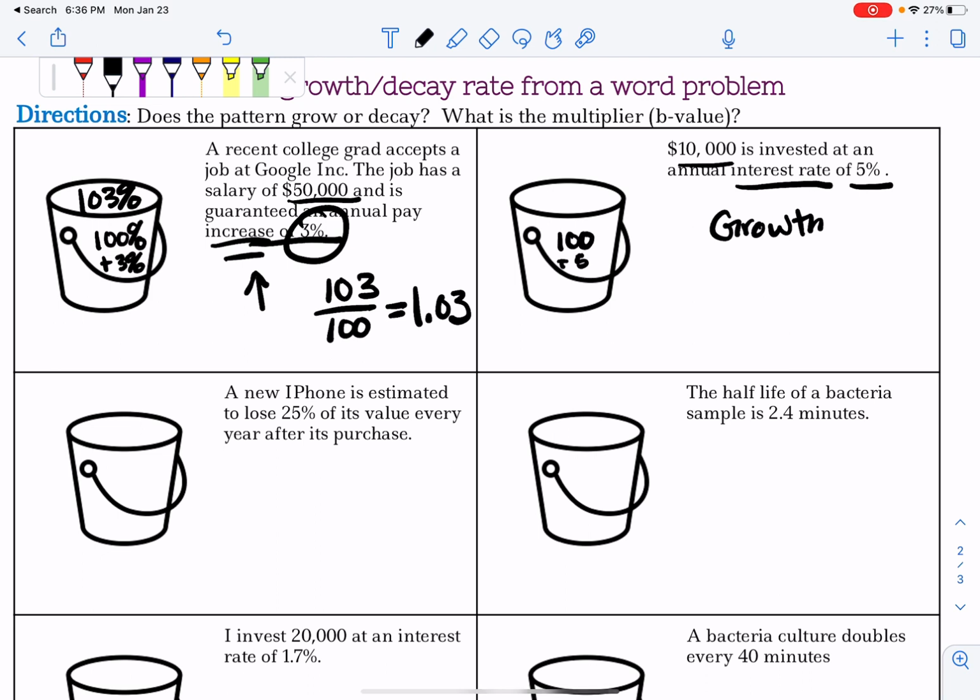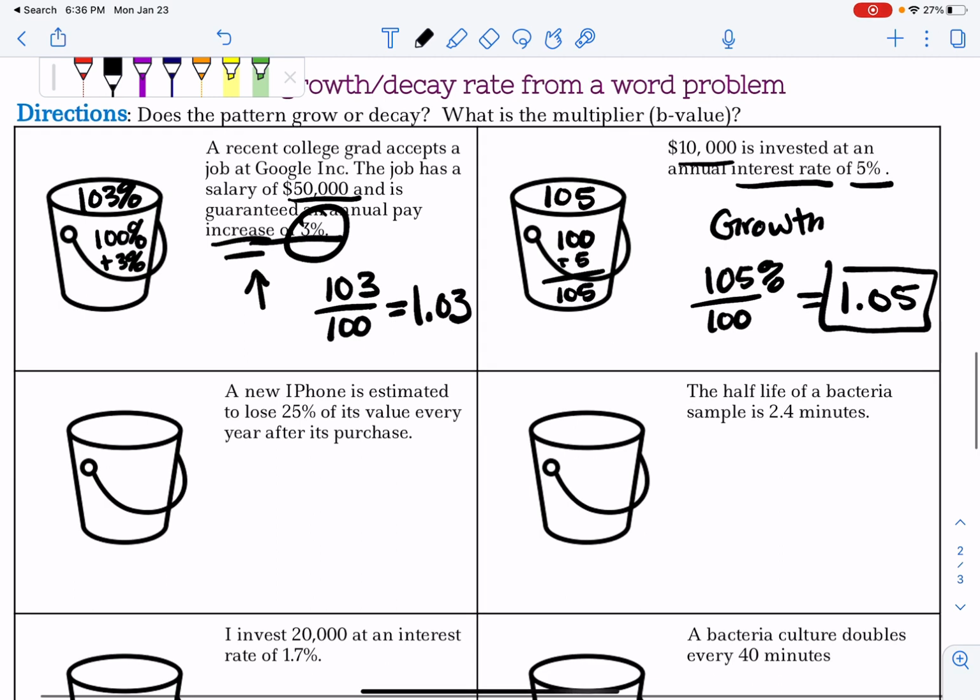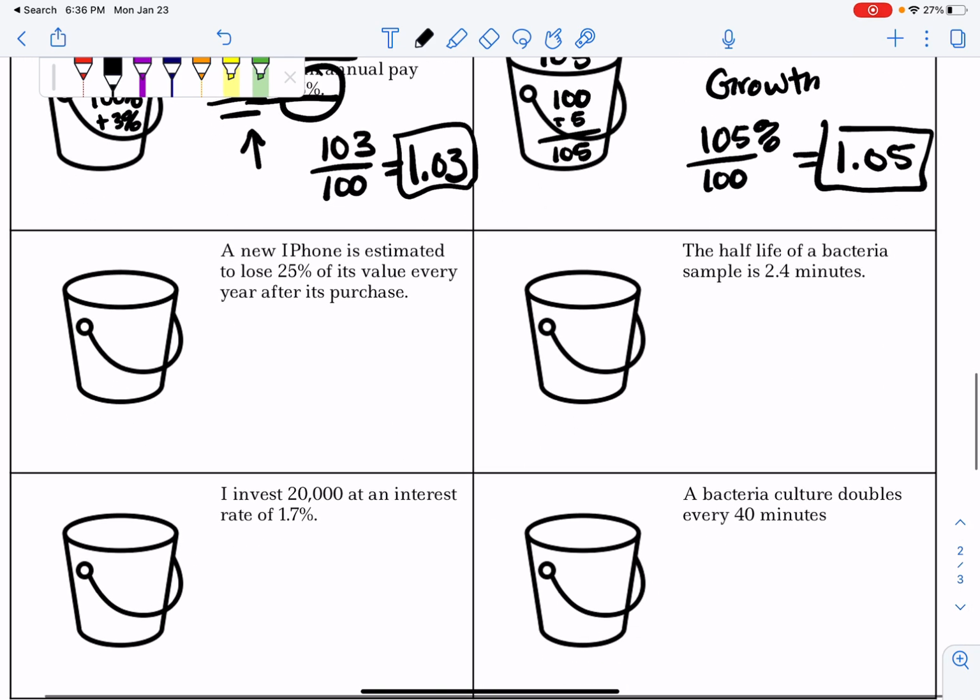We're adding 5%, which gives us 105% total in our bucket. Percent means out of 100, so to turn that into a decimal, we'll divide by 100, which gives us 1.05 as our multiplier. Again, a value greater than 1. Both of these so far have represented growth.